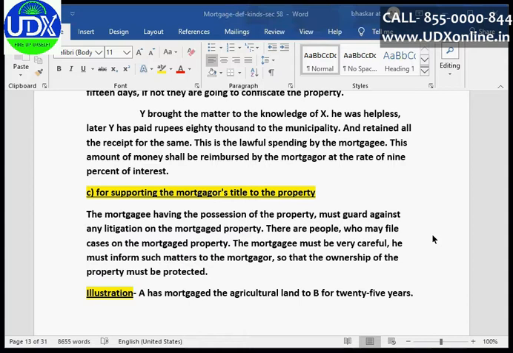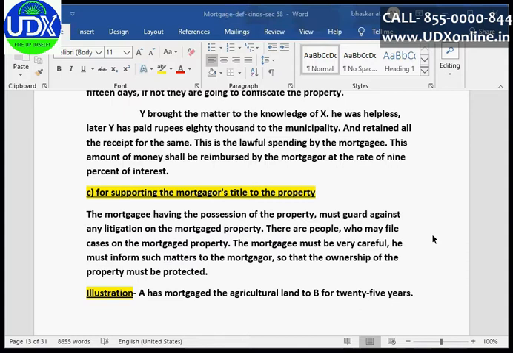He must keep his eyes and ears open so that the property should not suffer. There are people who are trying to take away the property, and they may file bogus cases or false cases on the property which is in the control of the mortgagee.